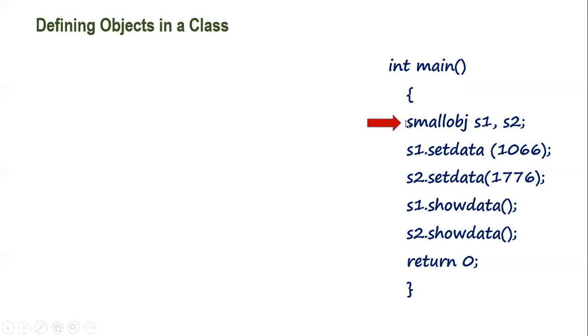After that come two names, S1 and S2. These are basically objects, and this is how we define objects in a class.